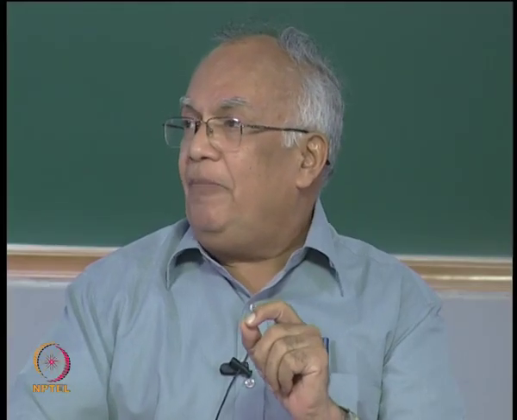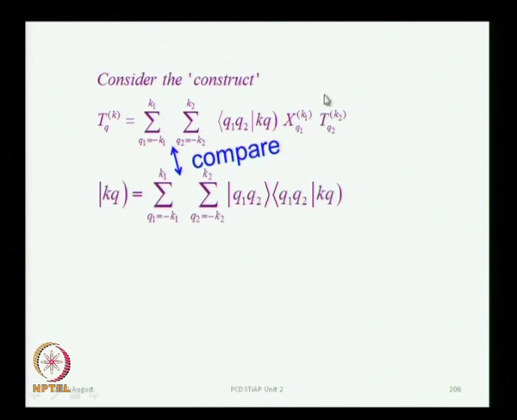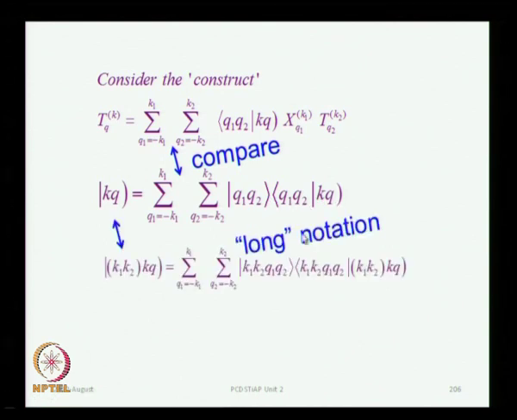What is the prescription? That you have combined two irreducible tensor operators X and T, like over here you combined two angular momenta, okay, k1 and k2. Here you combine two angular momenta k1 and k2, you can write it in the long notation, so that will make it explicit, because this kq is a shorthand notation for coupling of k1 k2 leading to k and q.